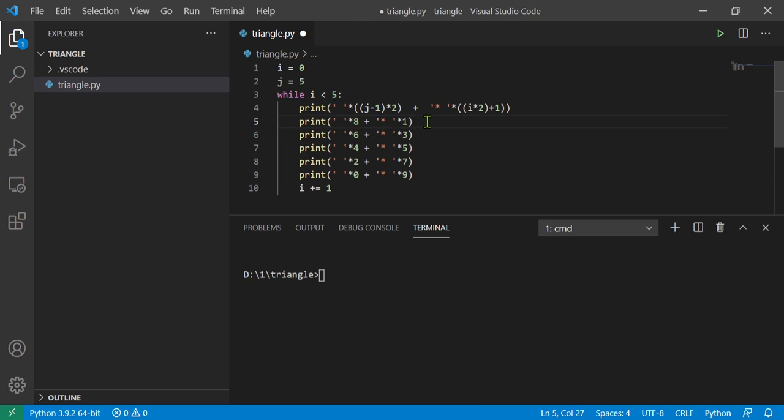Let's see the output line by line. In the first line, the i value is 0, the j value is 5, which is going to give us j minus 1, which is 5 minus 1, 4 into 2, 8, and for star space characters, the i value is 0, 0 into 2, 0 plus 1, which is going to give us 1.